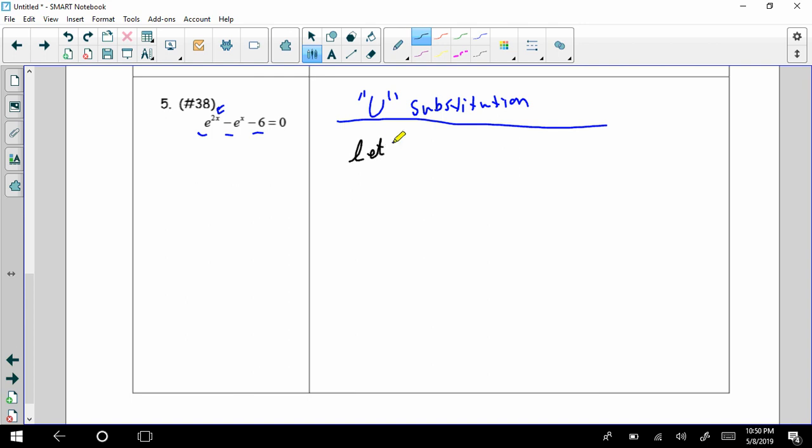So we're going to let U equal e to the 2x. I lied. E to the x. And so everywhere we have an e to the x, we're going to plug that in. So e to the 2x minus e to the x minus 6 equals 0.